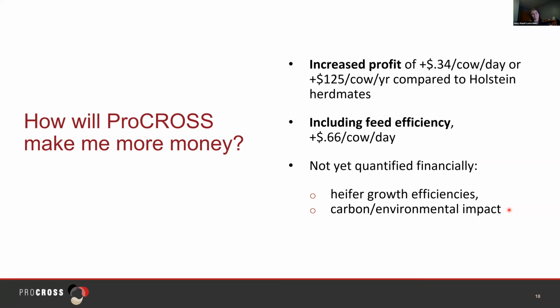And when you can decrease your feed, you're reducing impact. And the other part of that coin too is that ProCROSS just last a whole lot longer than their Holstein herd mates. And when you do that, you're growing fewer replacements for your herd. And that really pushes down the environmental impact of growing replacements. So enough there.